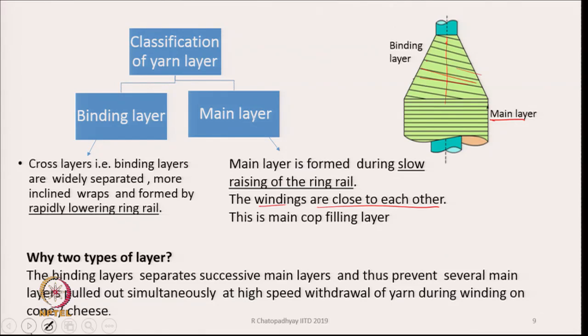So, this is more to facilitate the winding process subsequently. To avoid the sloughing off of the coils from the bobbin, we need to have winding layer and binding layer continuously, so that the layers remain separated from each other.